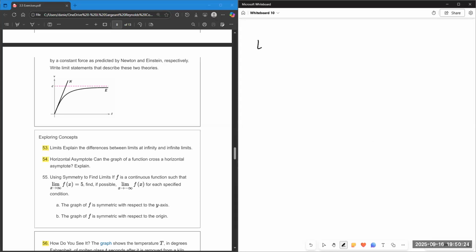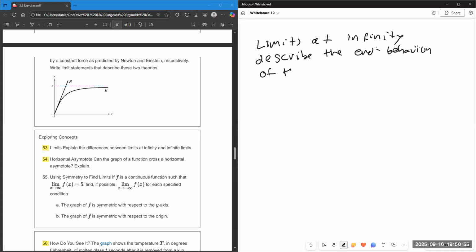Limits at infinity describe the right and left end behavior of the graph.